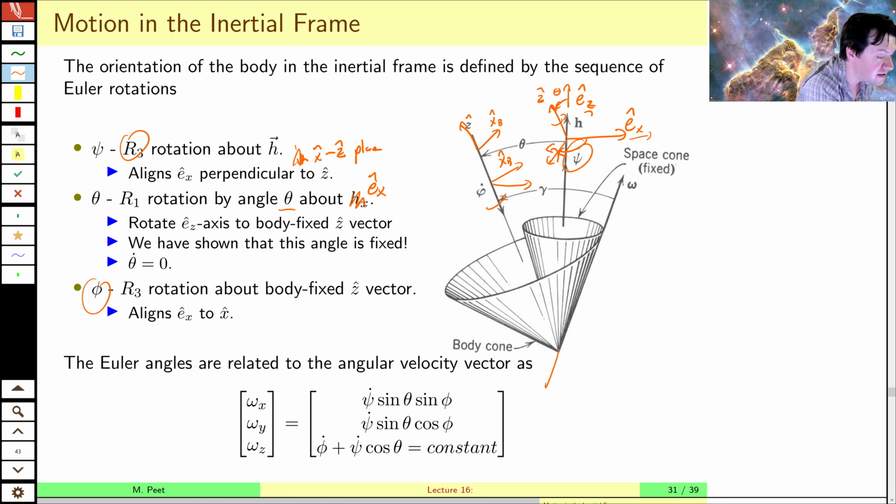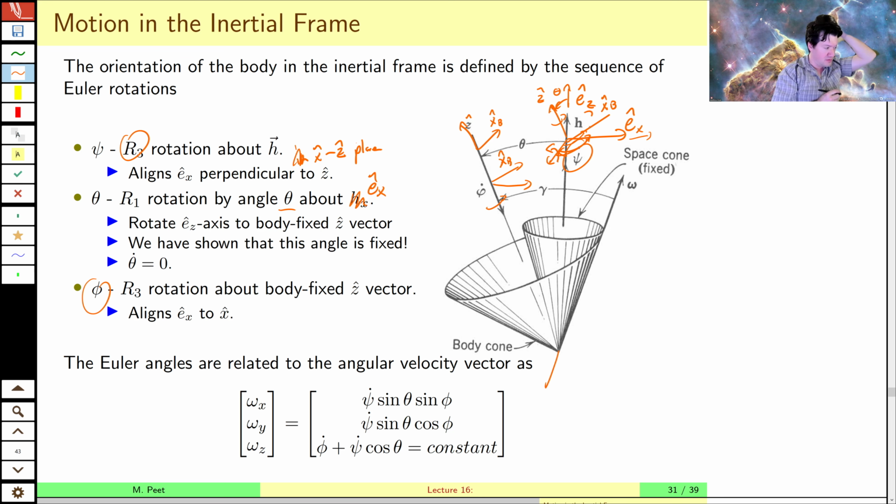And so we rotate this back until it lines up with x hat b. So the E hat x coordinate goes over here, perpendicular to the plane. We tilt the plane over until the z hat and the E hat z are aligned, and then we rotate it back so it's lined up with the x hat b direction. So those are Euler rotations.